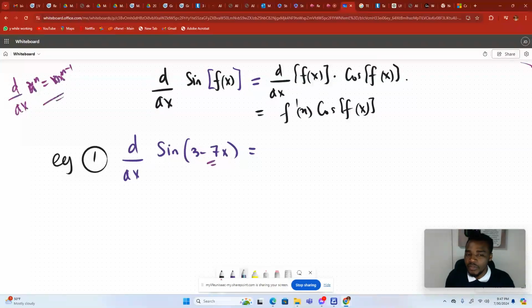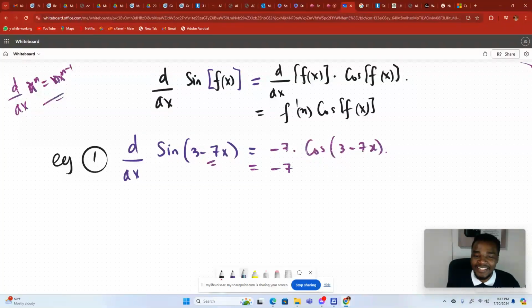So if we use that law here to differentiate 3, we get 0. If we differentiate minus 7x, we end up with minus 7. That result, we multiply by cosine of that function, which is cosine of 3 minus 7x. If we simplify this further, by the end of the day we get minus 7 cosine of 3 minus 7x. So yes, that's the result.